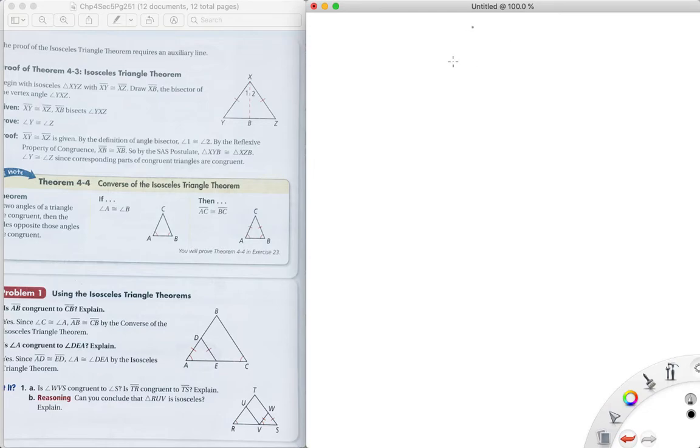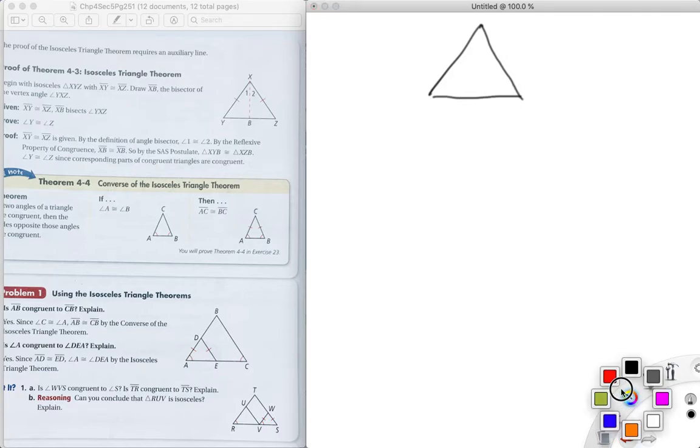We have a triangle, I guess triangle YXZ. We're given that the two sides are congruent, the legs are congruent, and we have a line XB that bisects YZ. So that's our given.